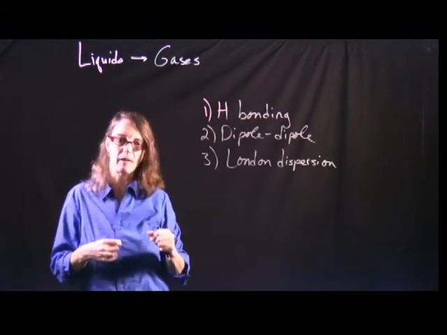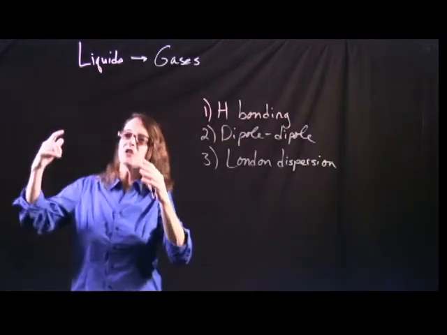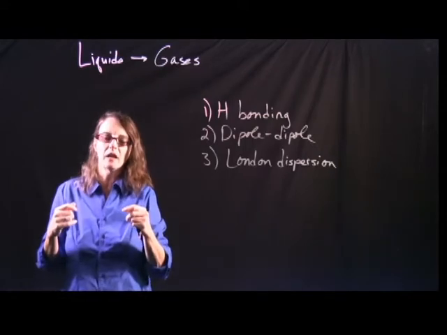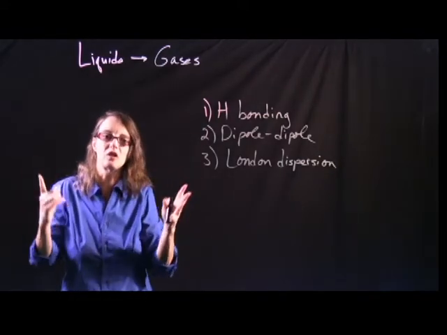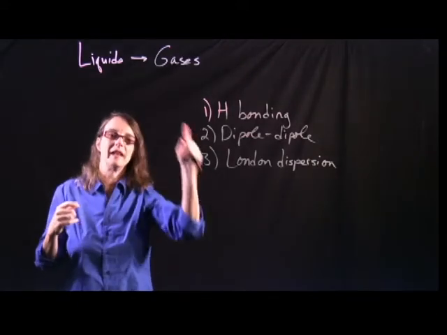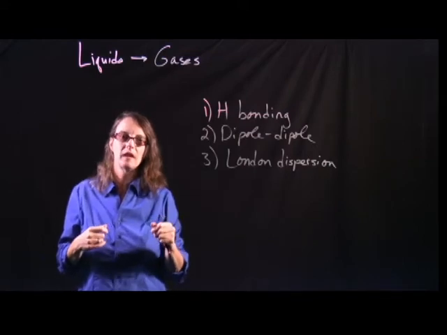An induced dipole, we often refer to that as. So in addition to looking at molecular structure and molecular geometry, you're going to be looking at charge distribution within the molecule. And that will help you relate this back to the strength of these intermolecular forces.